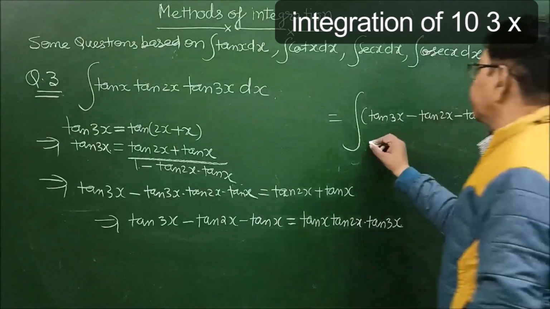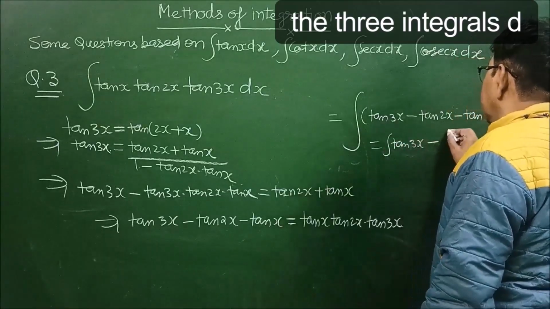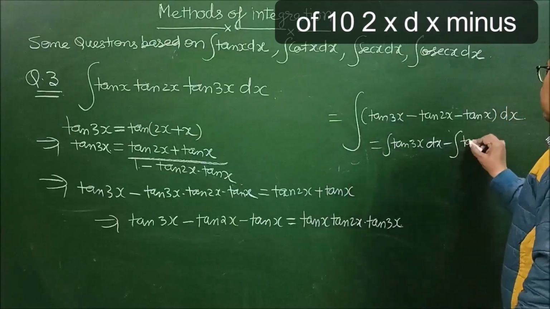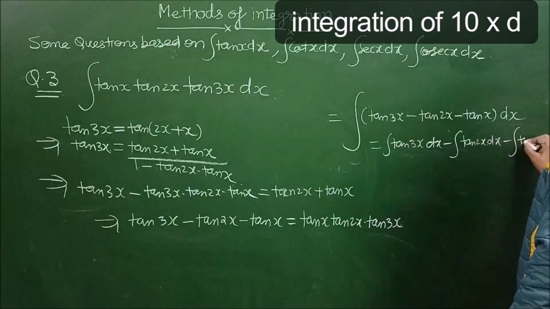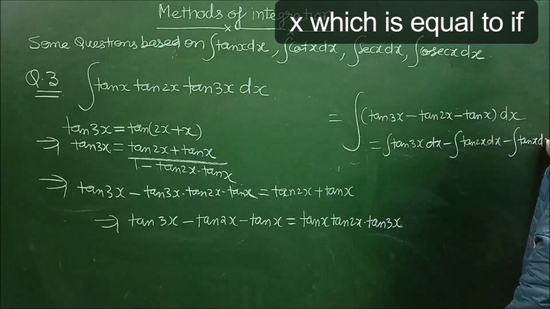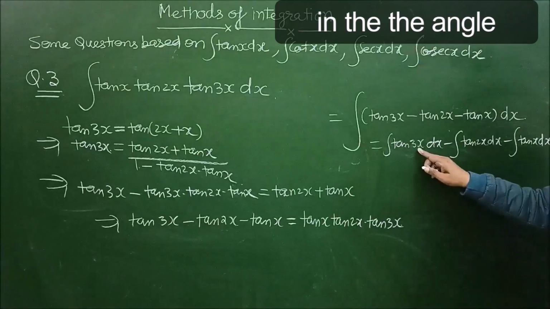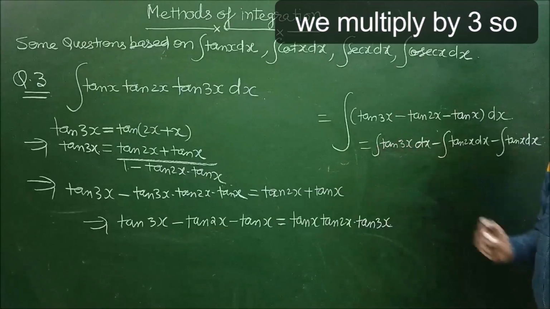First integration of tan 3x dx, separating the three integrals, minus integration of tan 2x dx minus integration of tan x dx, which is equal to, if we have a multiple in the angle, then we divide. In differentiation we multiply by 3.